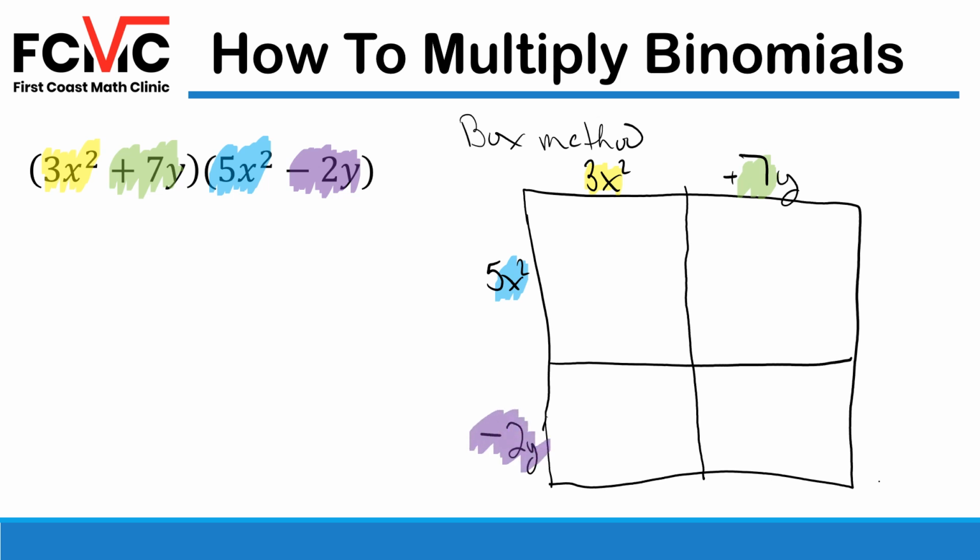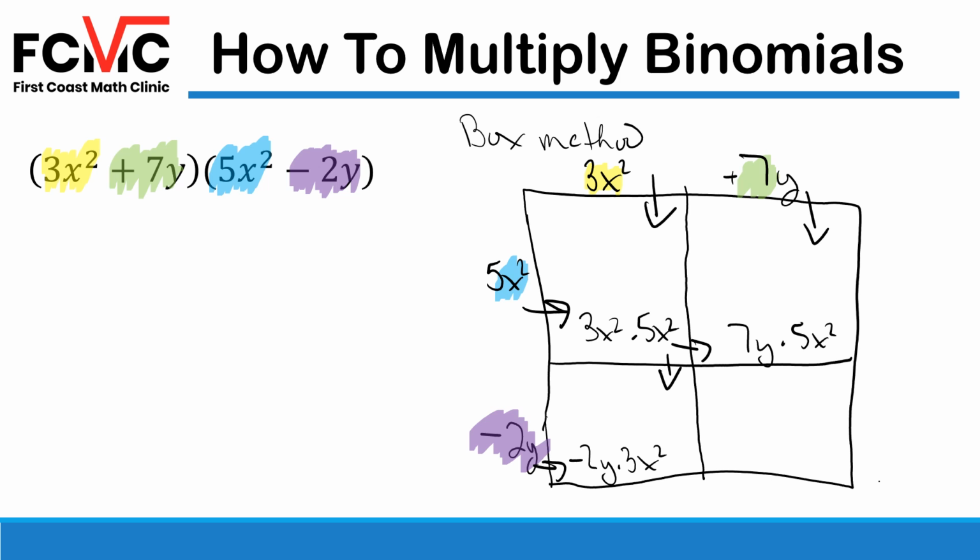All right, so now when we multiply this, we're going to multiply down and across. So this is going to be 3x squared times 5x squared, down and across. 7y times 5x squared, down and across, so negative 2y times 3x squared, down and across, negative 2y times 7y. 3x squared times 5x squared is going to give us 15x to the fourth.